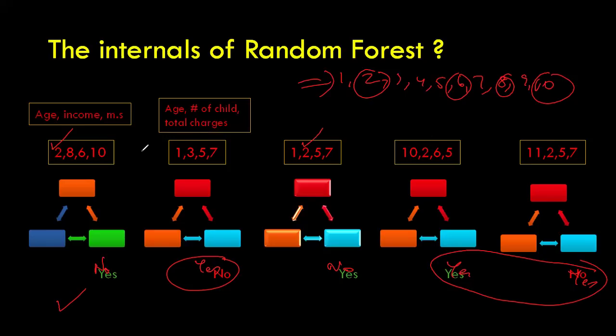In the case of classification, it goes by the majority vote. In this case, we have 5 trees. Of the 5 trees, 3 trees predicted yes. That means this person is eligible for a loan. In the case of regression, as I told you, using random forest you can solve both regression as well as classification problems.